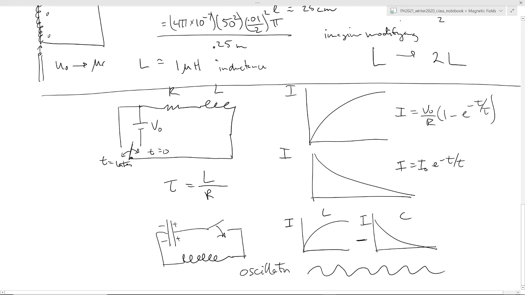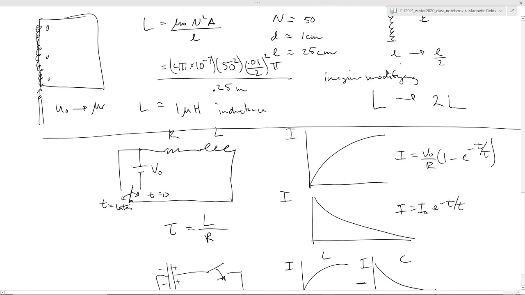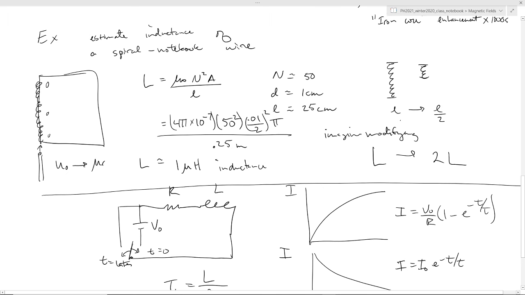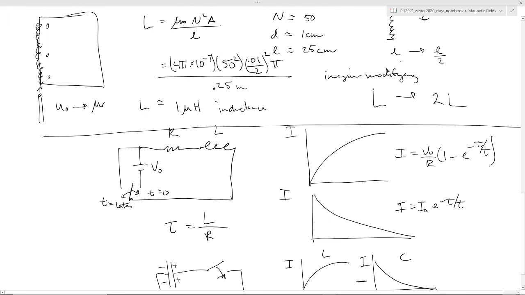So with an electric circuit, hopefully that gives you a flavor for inductors, by using capacitors as an analogy. You can imagine all kinds of applications you could do in circuits. We're not going to really get into that, but I just wanted to mention it.